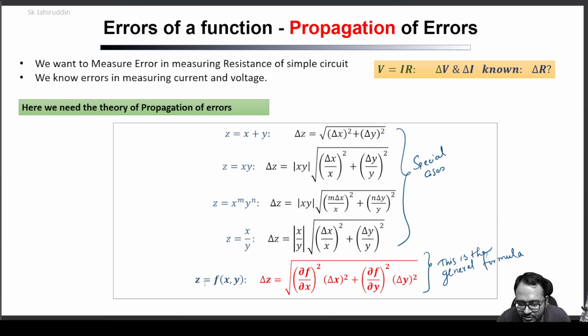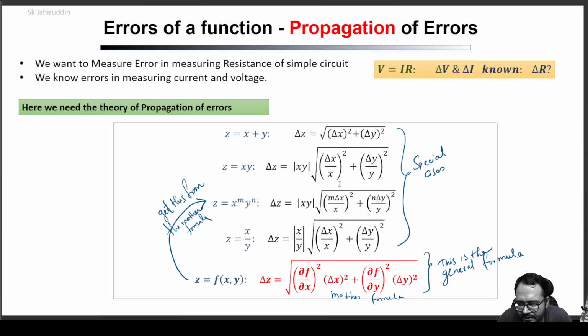If z is a function of x and y, then delta z is this. I'm not proving this, I'm just telling you. I'll call the last line the mother form. So using the mother formula, you get everything.